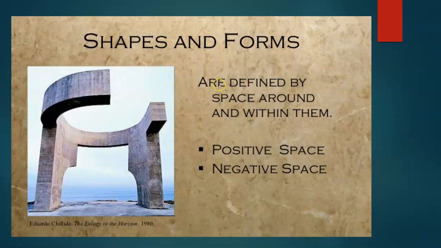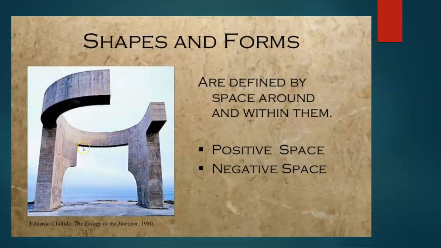Shapes and forms are defined by space around and within them. So this three-dimensional sculpture by Eduardo Chillida, Eulogy to the Horizon, that was created in 1980, the sculpture itself is a three-dimensional form because it has height, it has width, and it has depth. It also creates these empty shapes, right?